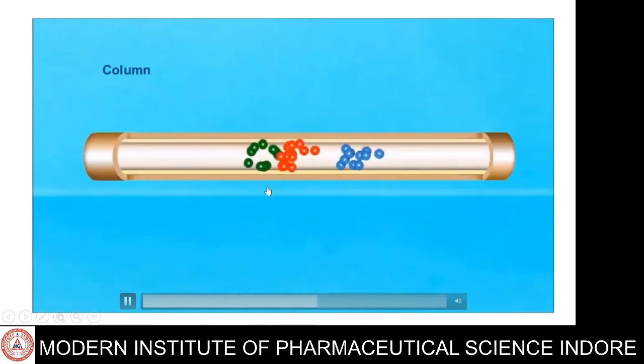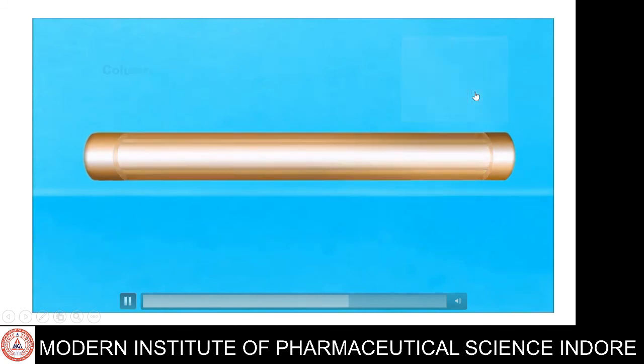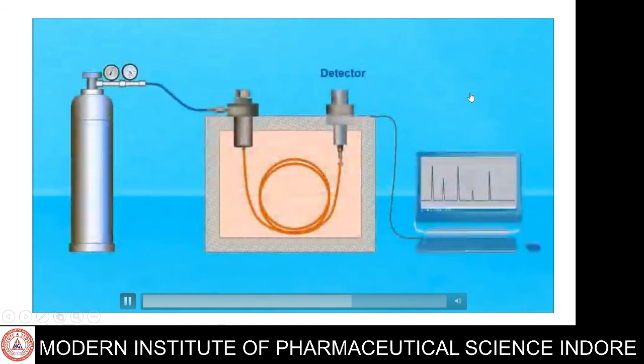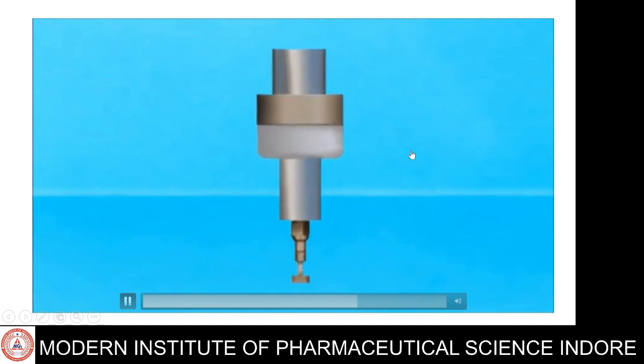A component that absorbs least strongly to the stationary phase will spend the least time in the column and will therefore have the shortest retention time, RT. It will emerge from the gas chromatograph first. If we consider a two component mixture of component A and component B, component A is more polar and component B is less polar than component A.